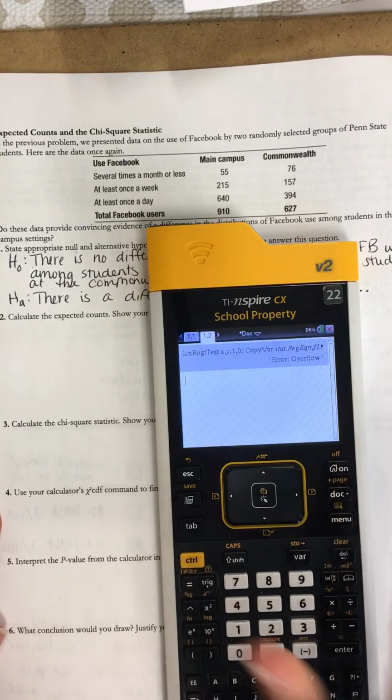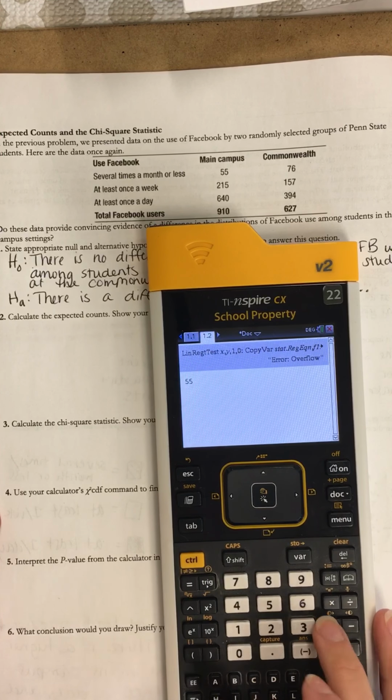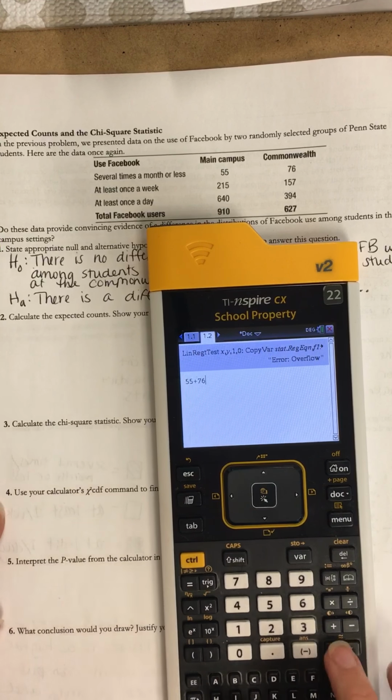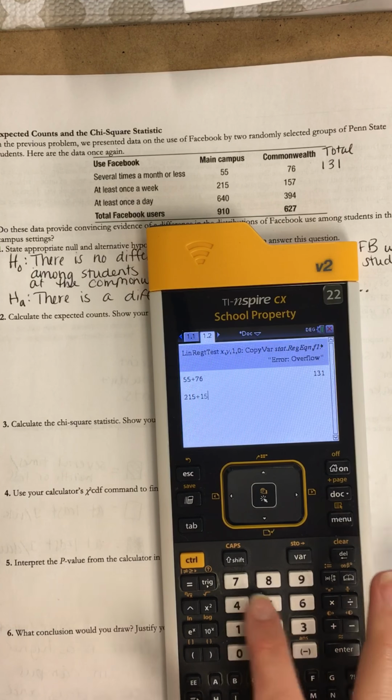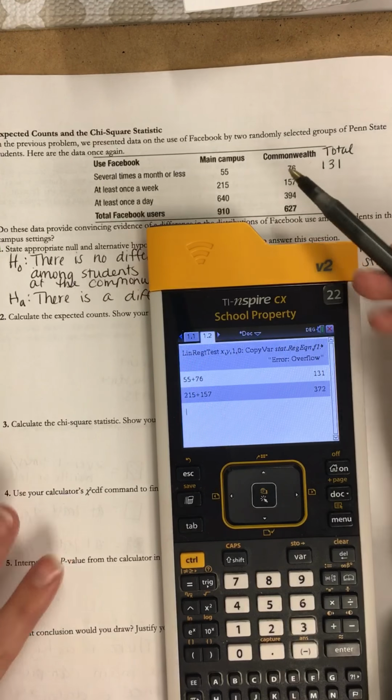So I'm just going to do these in the calculator because I'm lazy. 55 plus 76. Hopefully y'all understand why I'm doing this.